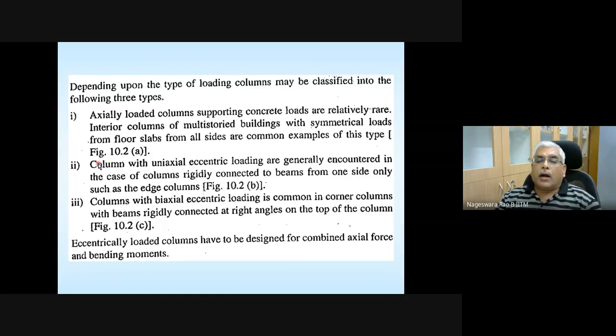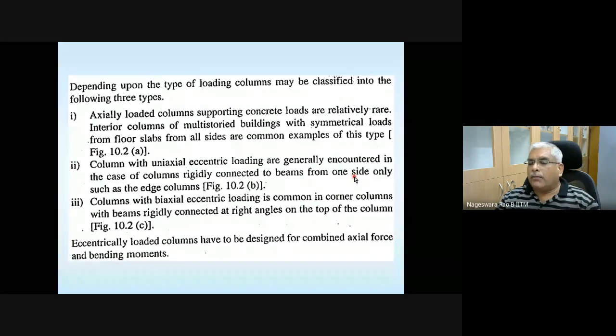Columns with uniaxial eccentric load are generally encountered in the case of columns rigidly connected to beams, or the outer columns. The columns on the periphery of a framing system are sometimes of the uniaxial type.